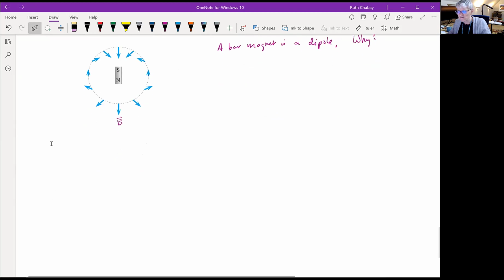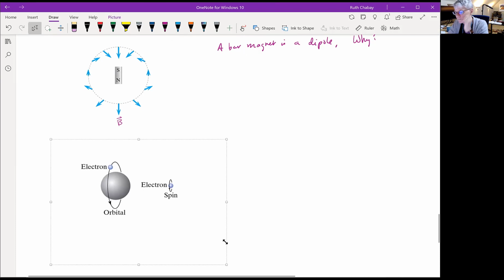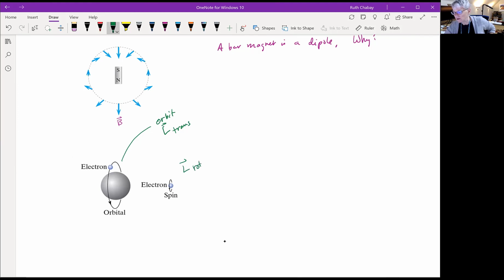There are two kinds of currents at the atomic level. There can be an electron orbiting a nucleus, which is basically translational angular momentum. And if you think of an electron as a little ball of charge, it can also spin on its axis. This is due to its rotational angular momentum.